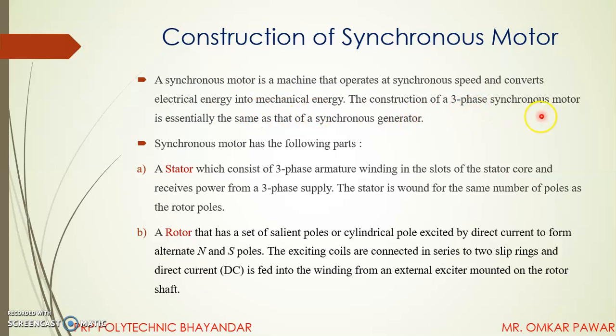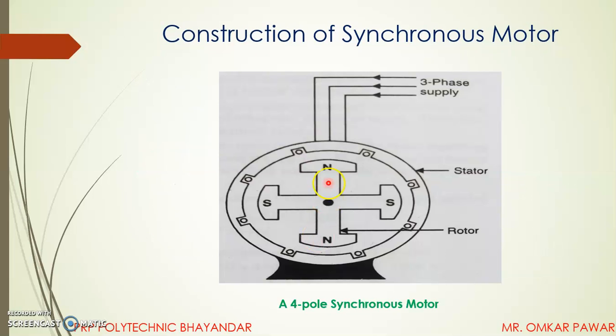The construction of a three-phase synchronous motor is essentially the same as that of a synchronous generator. It consists of a stator, which has a three-phase armature winding in the slots of the stator core and receives power from a three-phase AC supply. The stator is wound for the same number of poles as the rotor poles. Next is the rotor, which has a set of salient poles or cylindrical poles.